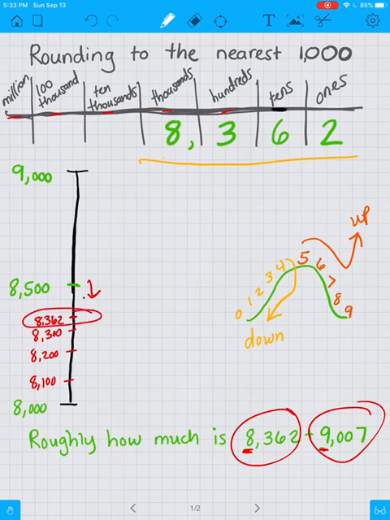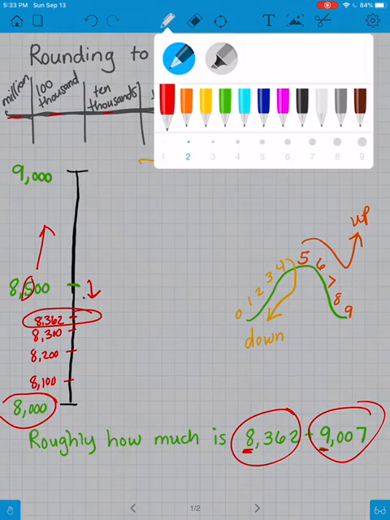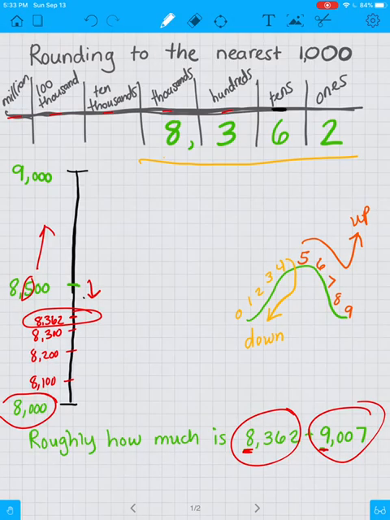All right, so did I have to round down or up? Well, I had to round down because remember, 5 or more you go up, 4 or less you go down. So I would round this number to 8,000. So 8,362 rounds to 8,000.